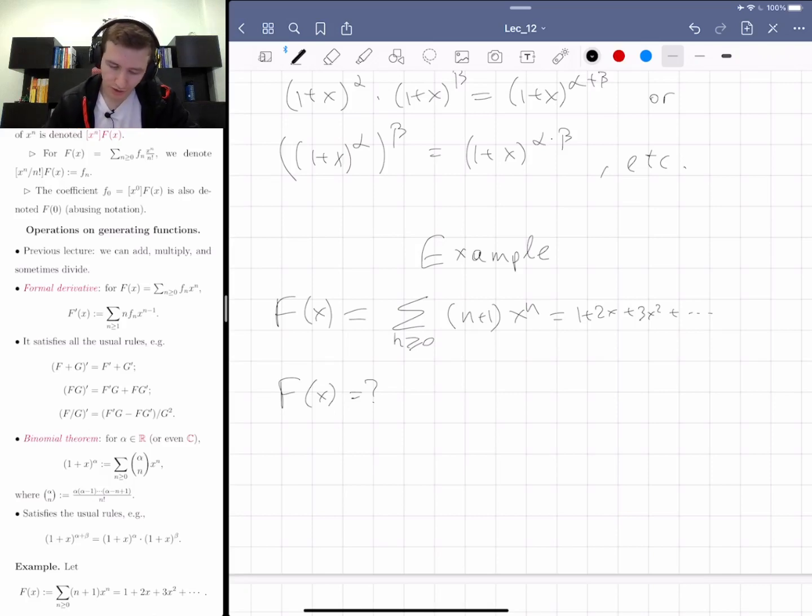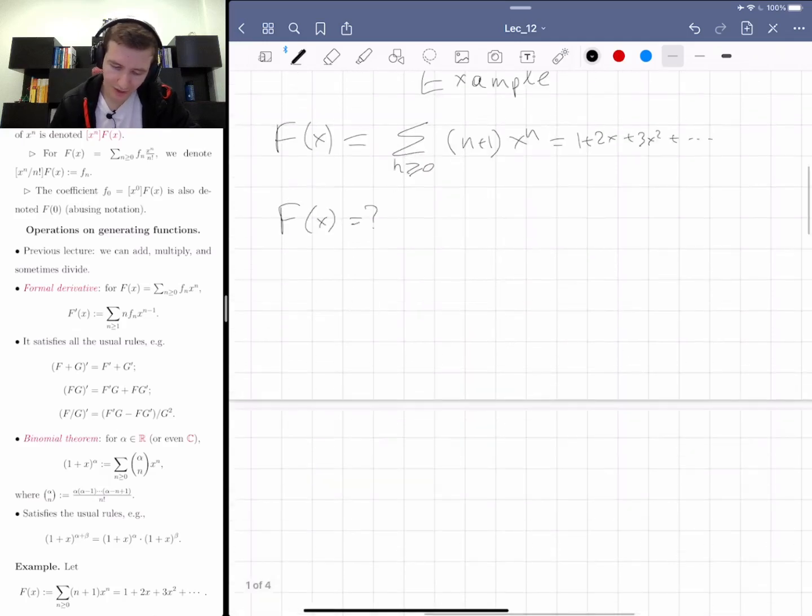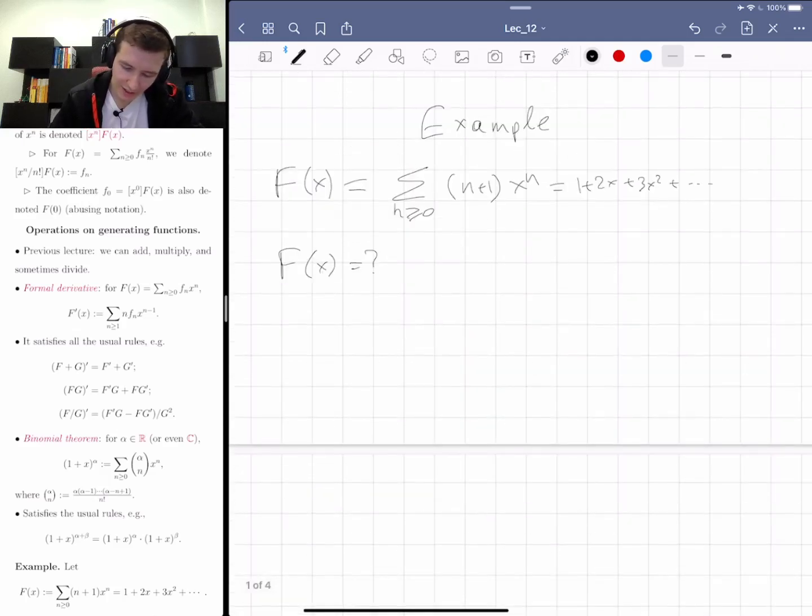Oh, okay, interesting. So I multiply x times f of x minus f of x. You would just multiply by x minus 1.